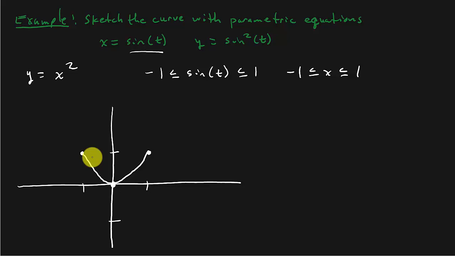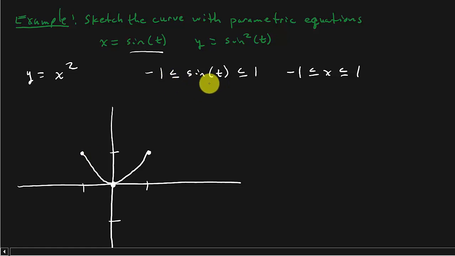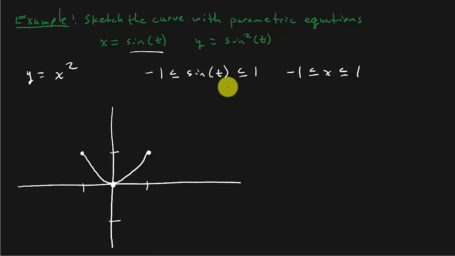So what do we have here? I guess we could look at a table, but think about this. There's no restriction on t, is there? We've got sine t between negative 1 and 1, but it doesn't tell us that t is between anything. So we can plug in any values we want for t.